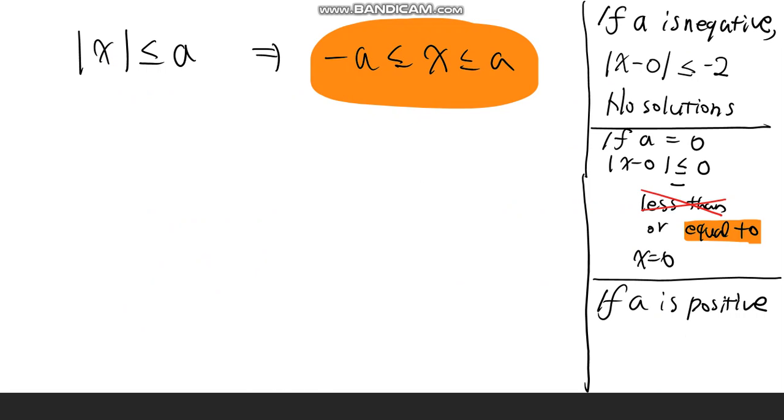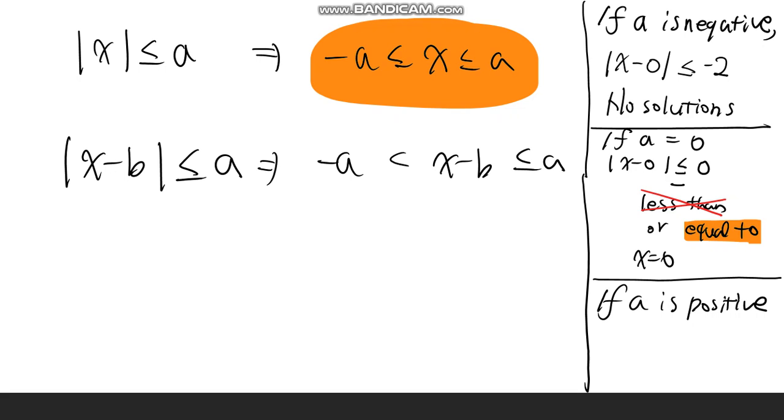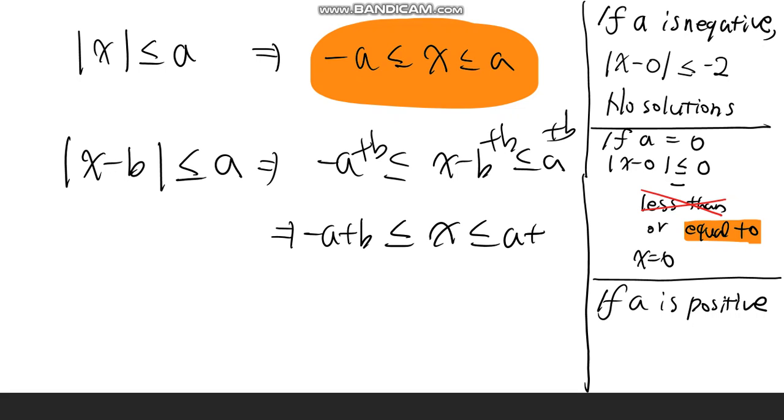For example, if you have x minus b is less than or equal to a, then you can first say that x minus b is stuck in between negative a and a, and then you're adding b to every side, then you have negative a plus b is in between this. Therefore, the answer is this.